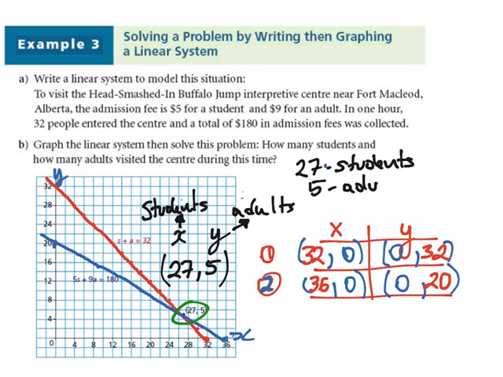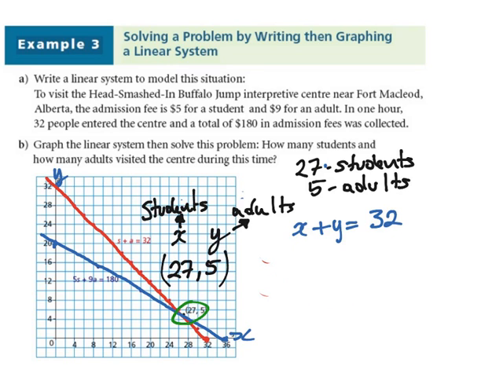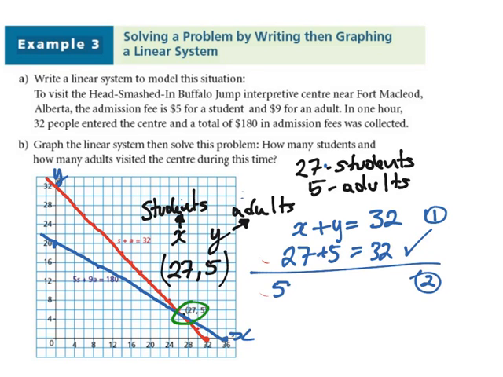The last thing we need to do is verify that these answers work, that the solution verifies with the equations. So we plug it into our equation. 27 plus 5 is 32. So that does check out. The first equation works. The second equation had 5x plus 9y is equal to $180.